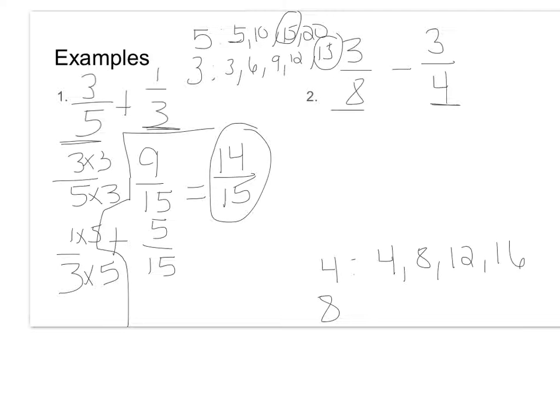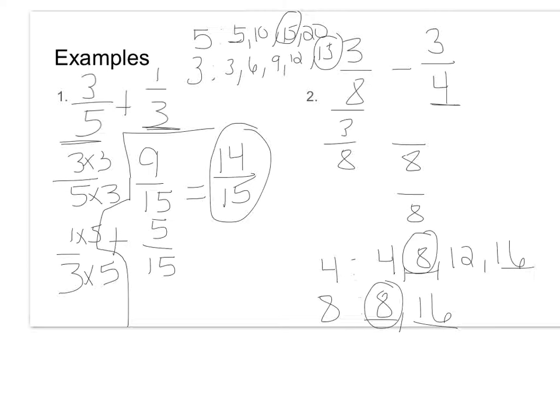I'm going to stop right there. 8 times 1 is 8, 8 times 2 is 16. I'm going to stop right there. They have an 8 and a 16 in common. But remember, you want to use the least common multiple, which is 8.